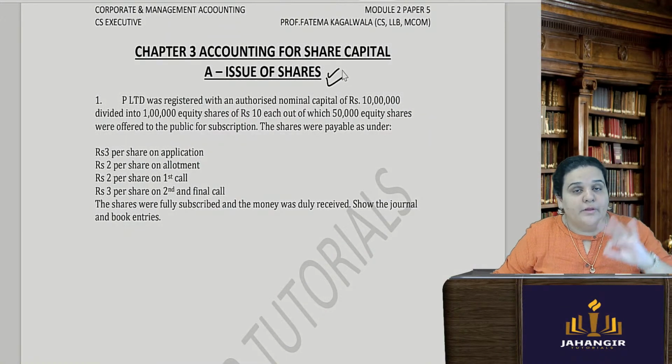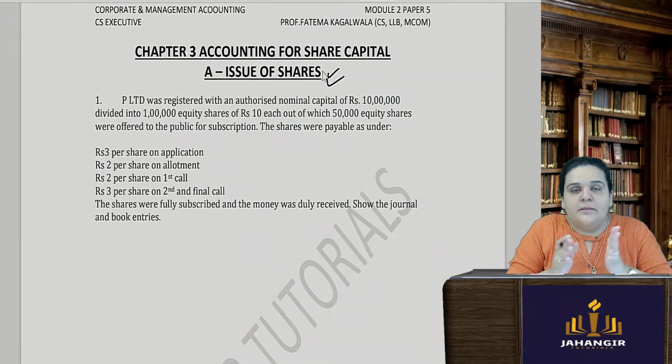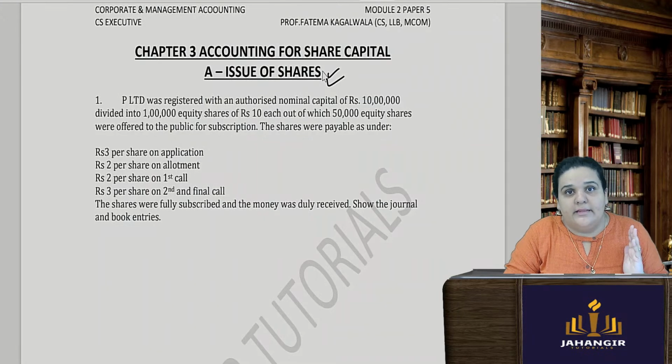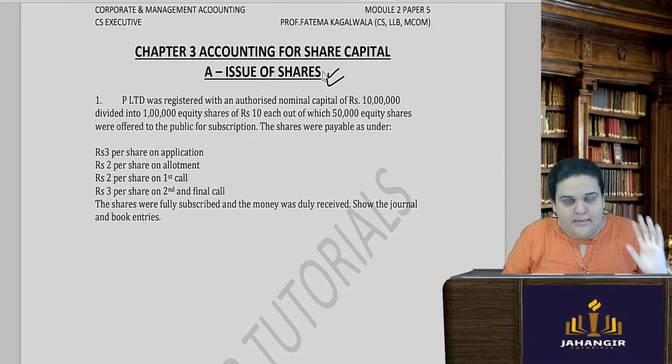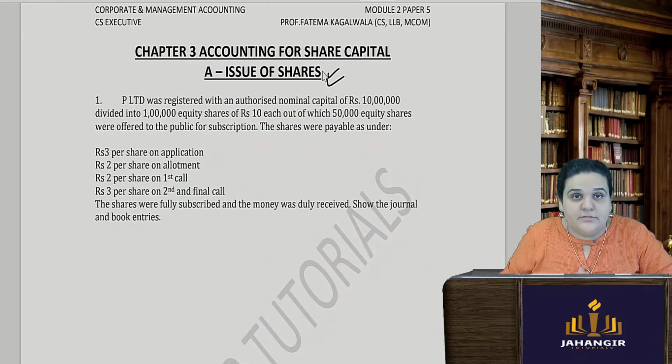I'm going to do 3 parts with you: issue of shares, right and bonus shares, and also buyback. All 3 parts we are going to cover today, and some of it I am going to take again in the next class. But as of now, we have to concentrate on issue of shares as part A. This has to be very strong. Each and every concept has to be very strong.